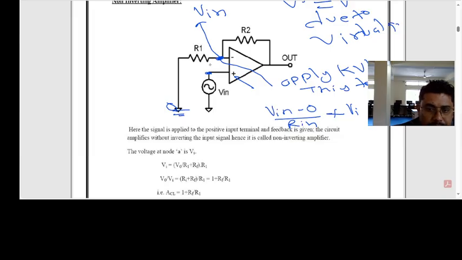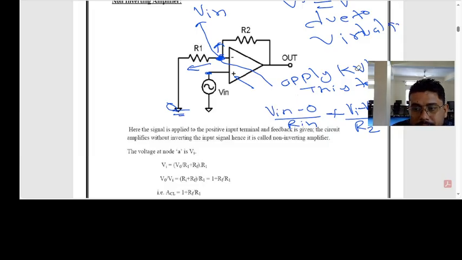Suppose we have assumed the current is flowing from here, so we can take the KCL. The current from this terminal, minus 0 divided by R1, and the current going from here to here, Vn minus V0 divided by R2, equal to 0.